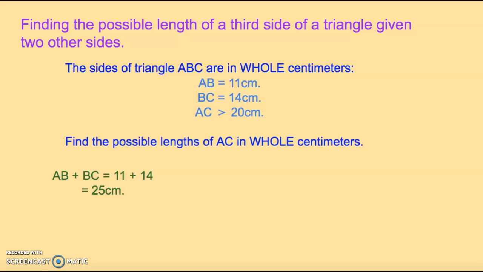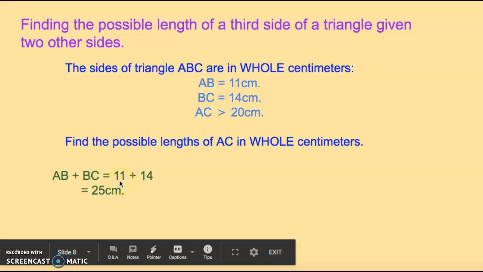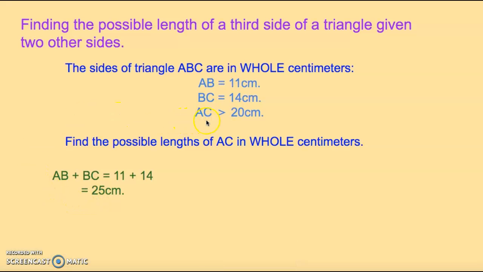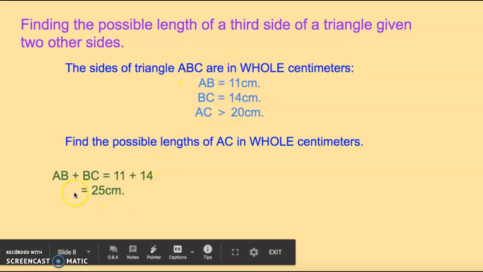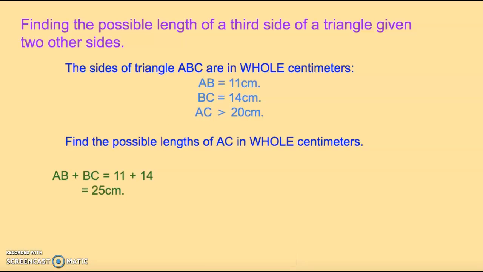What could AC possibly be equal to? We start by adding together sides AB plus BC. Well, AB has a value of 11 and BC has a value of 14. We put them together and we get 25. Let's go back here. It says that AC is greater than 20. So if AC is greater than 20 and these two sides together are 25, what do you think the possible values of AC could be?